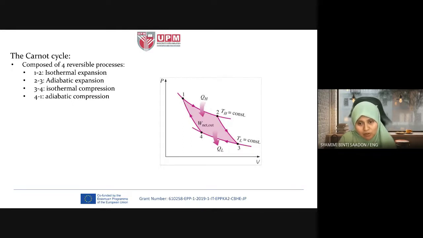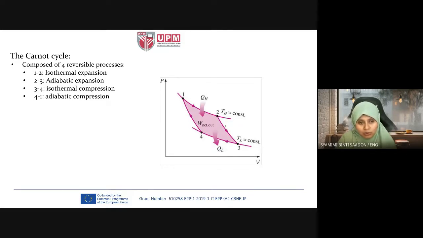This is the isothermal line inside the PV diagram. TH is the higher temperature source and is constant, T2 is equal to T1, isothermal.